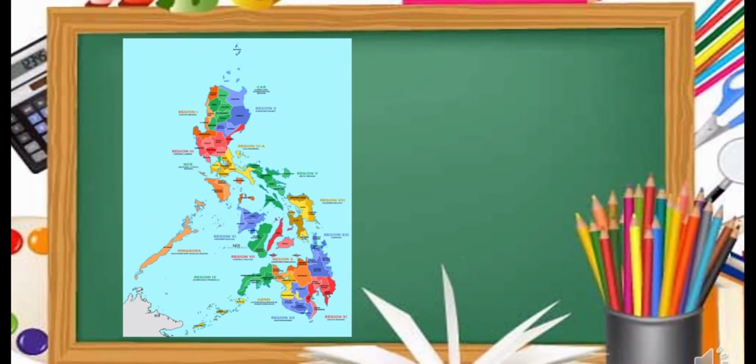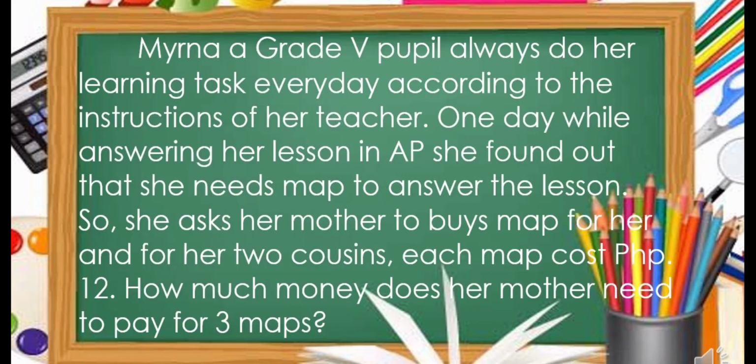One lesson in your AP subject is to find the exact location of a certain place in a map. So you need to have a map with you to answer that lesson. I have here a problem to solve to find out direct proportion. Myrna, a grade 5 pupil, always does her learning task every day according to the instructions of her teacher.